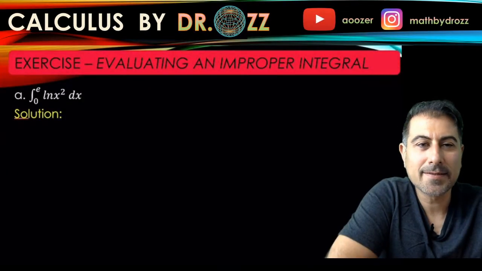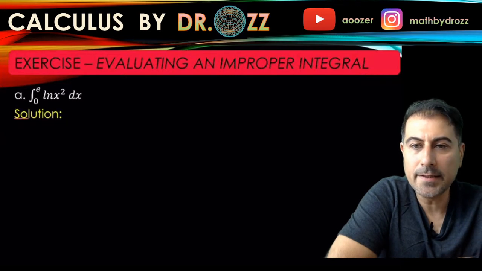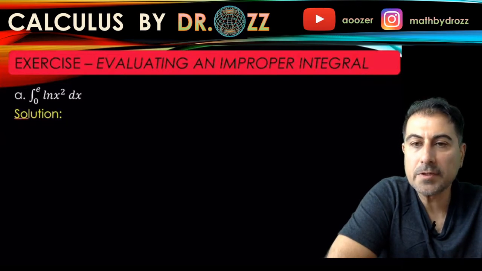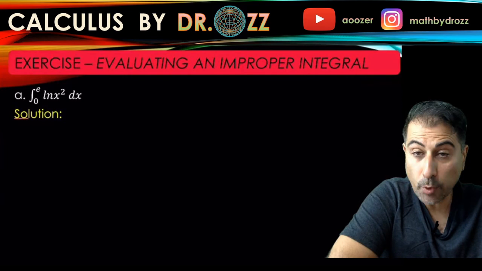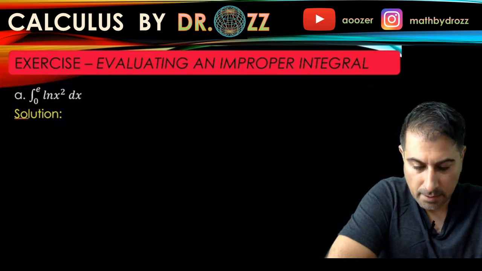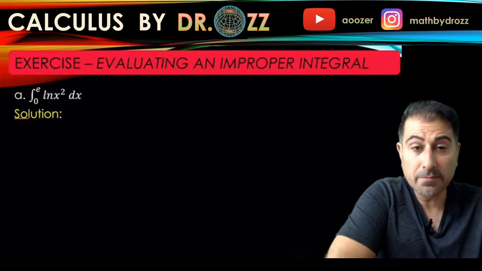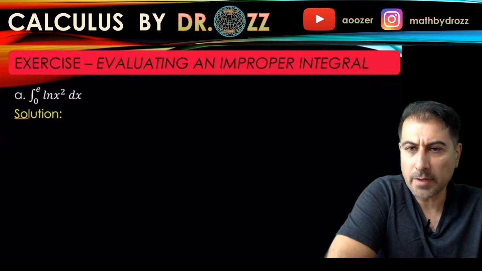All right, let's start with part A. This is the integral from 0 to e of ln x squared dx. None of the limits involve infinity, so this is an improper integral of the second kind.